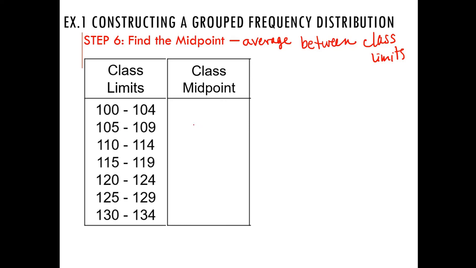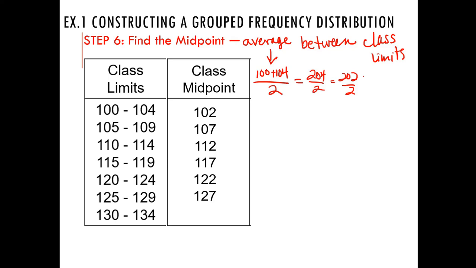Here, I'll write it up here. That would be an example of the average. So 204 divided by 2 is 102. That would be my first class midpoint. 105 plus 109 divided by 2 is 107. And so on and so forth. I think you get the point. So that is how you would find the class midpoint for all of those different classes.